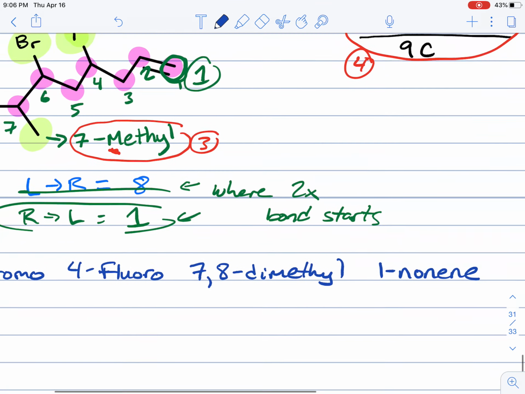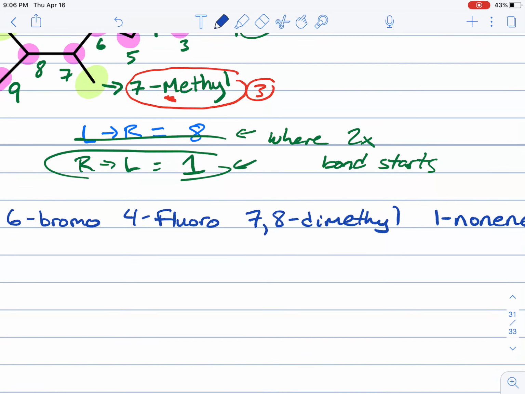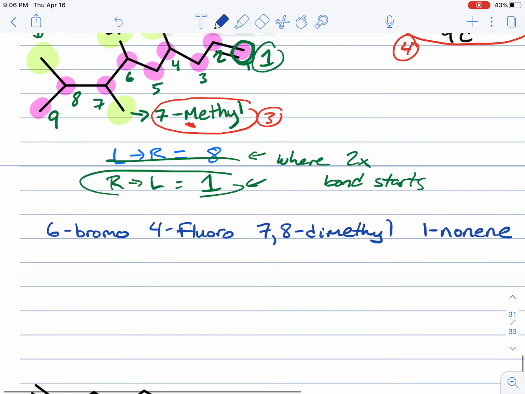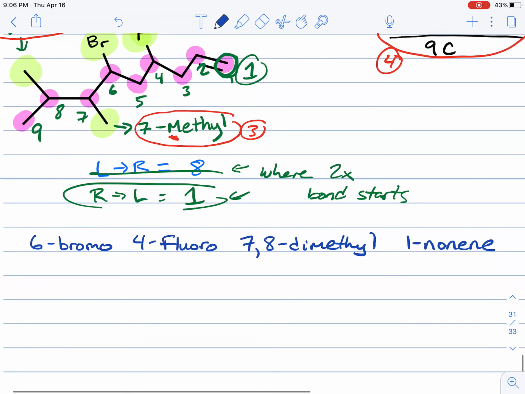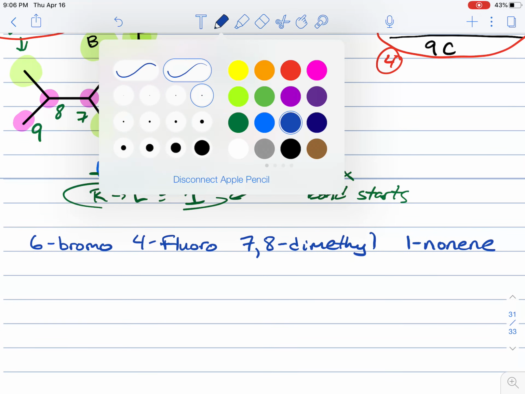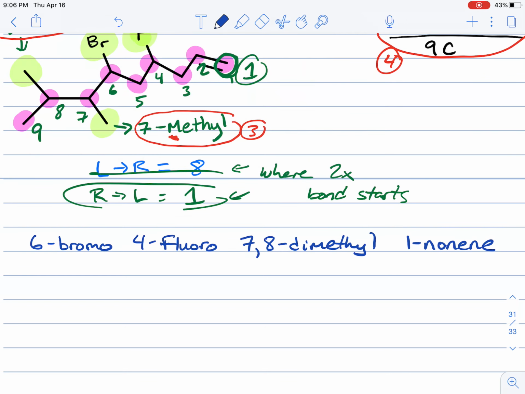Okay, so I've put all of the pieces in order, substituents first, and then parent name last. And so I need to make sure my OChem grammar is correct for nomenclature. So I'm going from letter to number, means I need a dash. Letter to number, I need a dash.